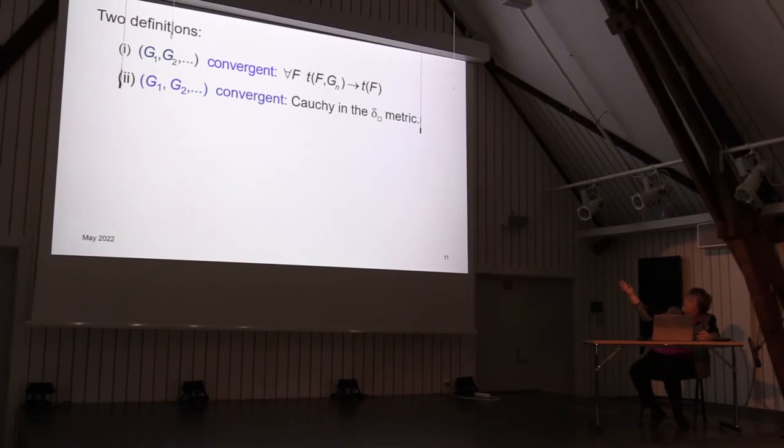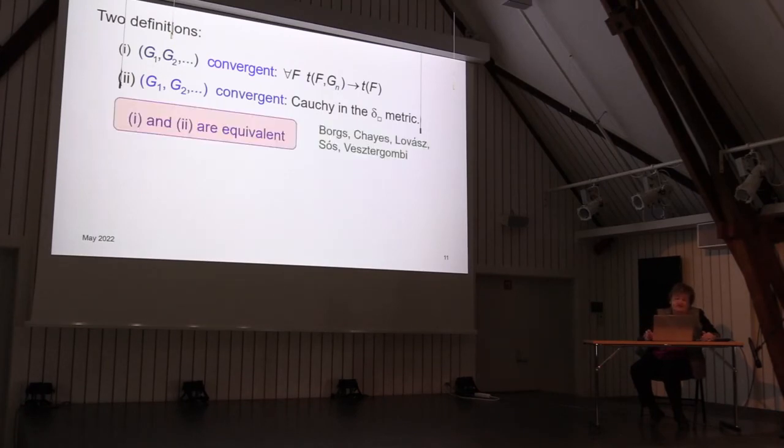Gn is convergent if it is Cauchy in the cut distance delta, which we defined. That's the min-max metric? Yes, this is the min-max metric, which was in the previous slides. Now, what comes next? We would like to show that these two definitions are equivalent, and one can do this.